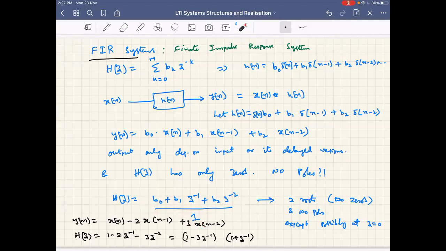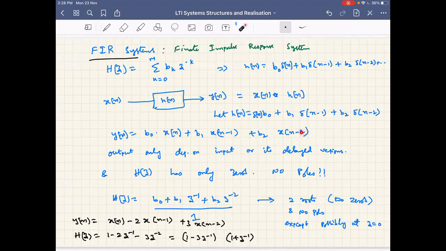As a specific example, consider H of z as a second order system where you have only 3 terms, and this is h of n. In that case, y of n can be written as b0 x of n plus b1 x of n minus 1 plus b2 x of n minus 2.